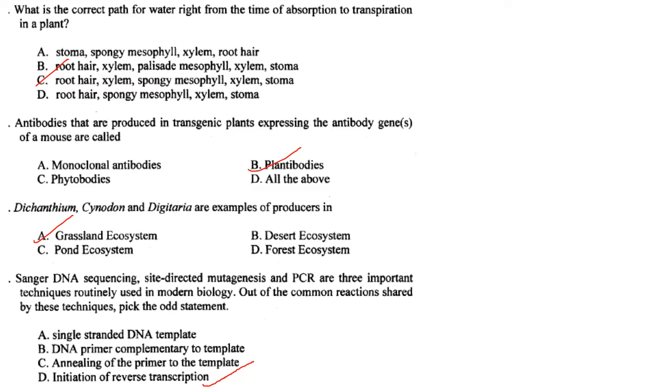Then DNA primer complementary to the template. Of course, you require a primer for all the three techniques. Then annealing of the primer to the template. So for all the three also, you require the primer to be annealed to the complementary bases in the template. Then initiation of reverse transcription. So that is not commonly shared by all the three techniques. So option D.